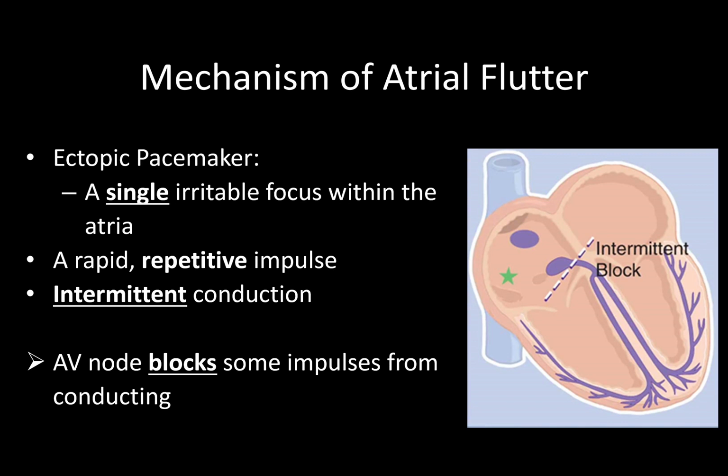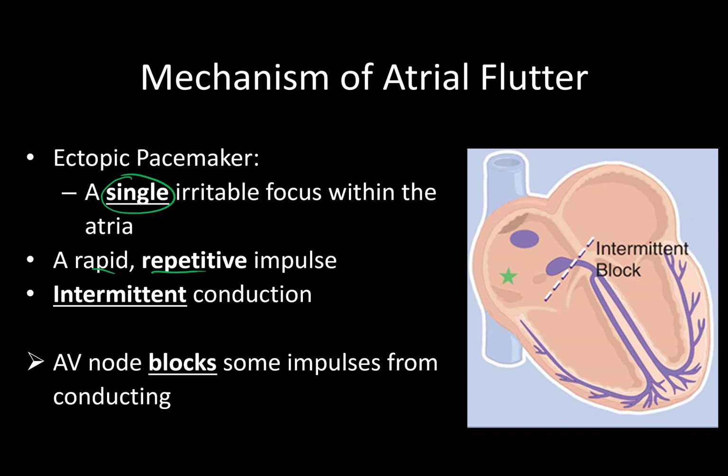All right, so let's talk about atrial flutter. This arrhythmia arises from a single irritable focus within the heart, atria specifically, that fires off rapidly and repeatedly, and it's firing so fast that not every single impulse is actually able to make its way through the AV node.